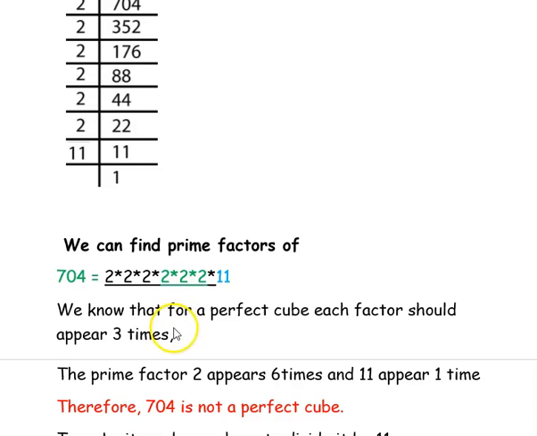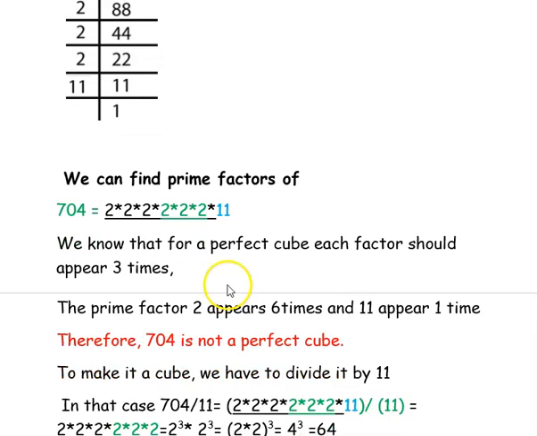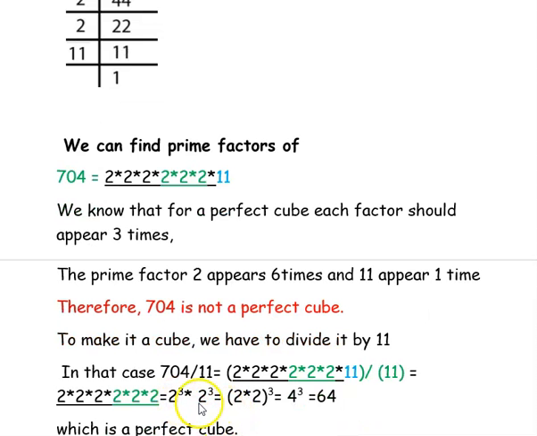So to make it a perfect cube number, from here itself we can say, if you divide the number 704 by 11, then you can make the given number a perfect cube. The quotient will become a perfect cube. So if you divide it by 11, you will get this 2 into 2 into 2 into 2 into 2 into 2. So that is 2 cube into 2 cube.